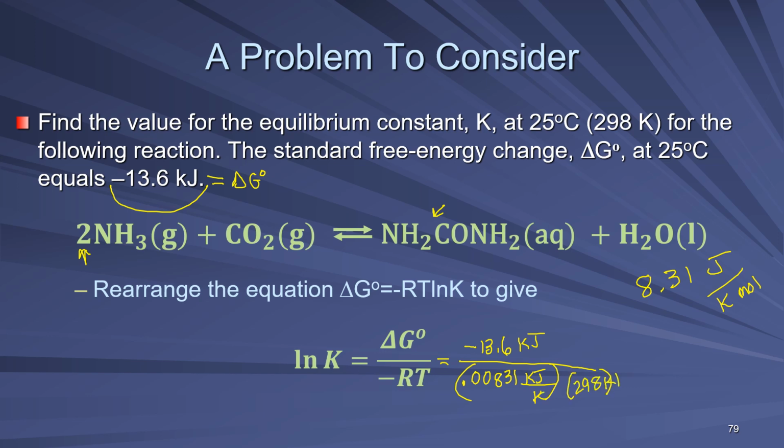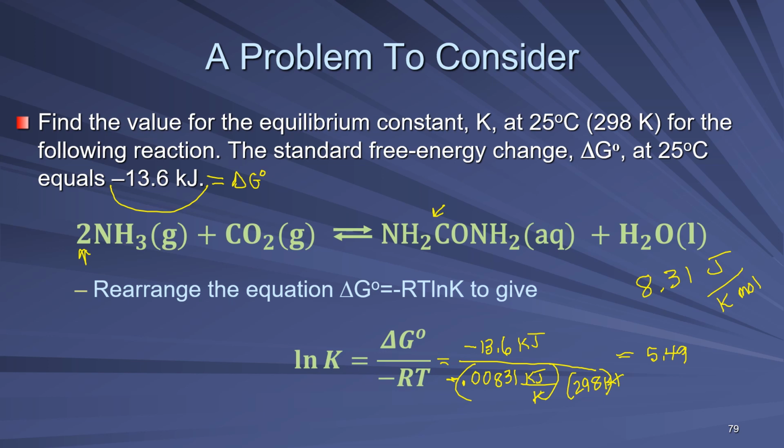So the kilojoules will cancel, and we'll just have a number, because K doesn't have units. So that would equal 5.49 if you do that calculation, because this is negative RT and delta G is negative, so this is a positive number, or a number greater than 1.